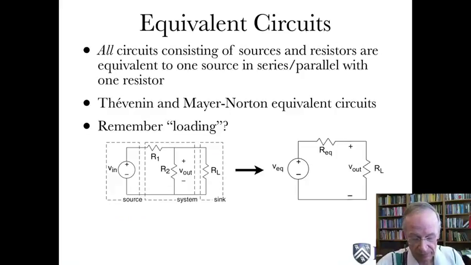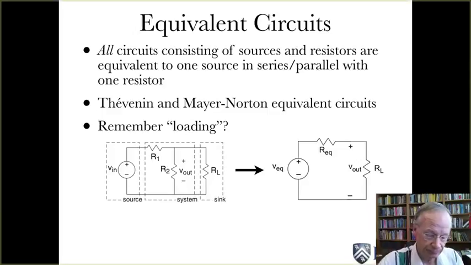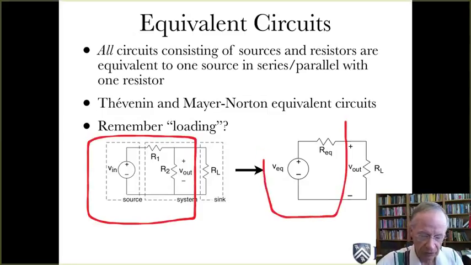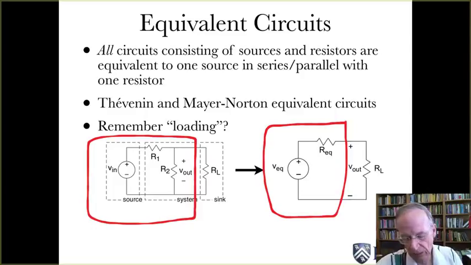Well, we now know that our system looks like this. I'm going to use the Thevenin equivalent because I have voltage that's the output, and the voltage I want is across RL. Well, what is V out for this really simple circuit?